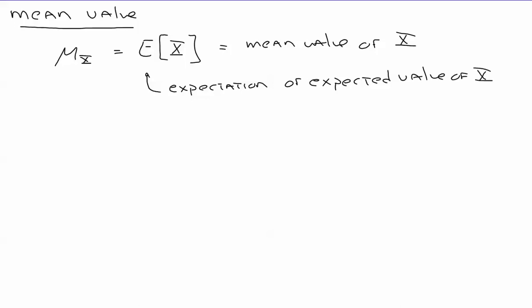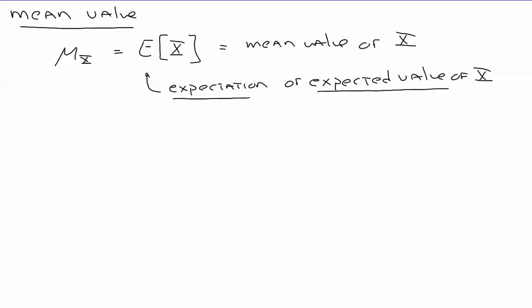When someone talks about the expected value of a random variable or says they are taking the expectation, what they're meaning is that they're finding the mean value. So capital E stands for expectation or expected value. We'll use that somewhat interchangeably.